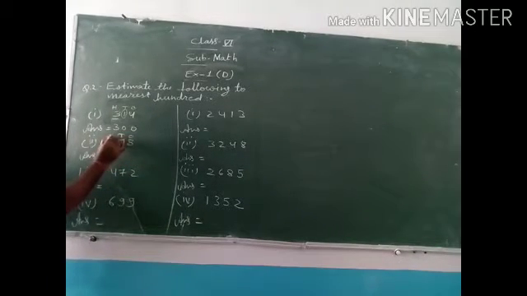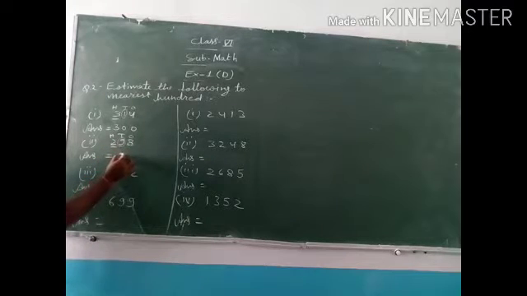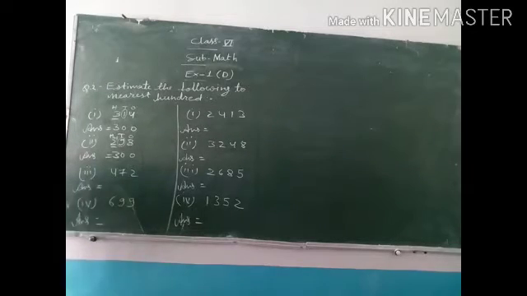Again, once more: 100 प्लेस को राउंड ऑफ करना है, तो किसे देखेंगे हम? We will observe the tens place digit. क्या है यहाँ? 9 is greater than 5, 5 से बड़ा है, तो ये दोनों तो 0 हो जाएंगे. And here plus 1 we will do, at 100 place plus 1, so 3.